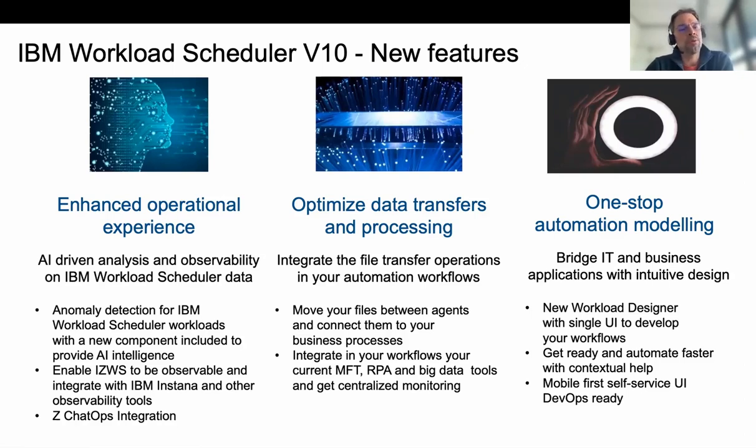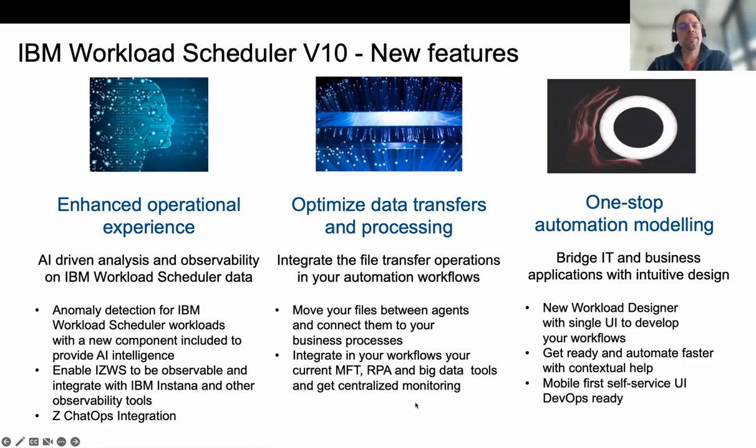So we have delivered a new AI engine to provide anomaly detection for IBM Workload Scheduler workloads. Another piece of that is also that we make workload scheduler observable, so it can integrate into observability platforms like IBM Instana, and we also have the ChatOps integration.